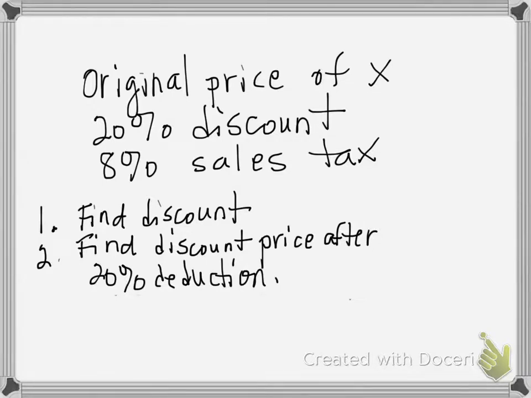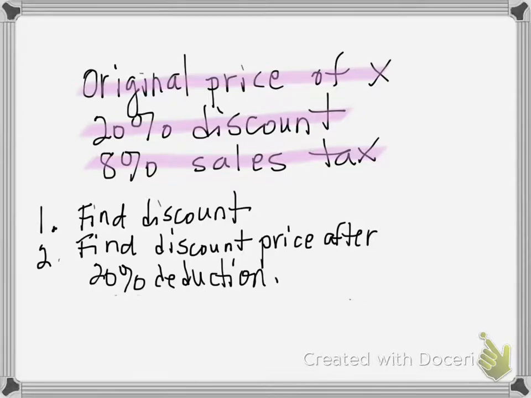We have an original price of X, which just means we're going to use that variable X to stand for any number. We have a 20% discount that we're going to apply to that original price, and then we have an 8% sales tax. Using all of that information, we're going to get a final price that we have to pay in order to get that merchandise into our bag and out the door.